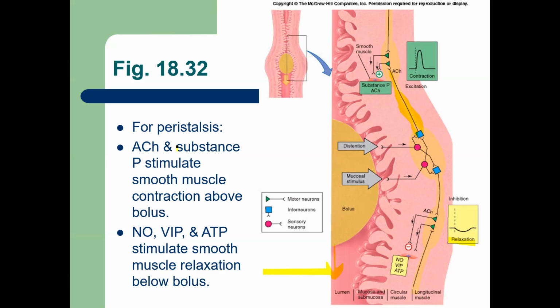Acetylcholine and substance P stimulate smooth muscle, whereas nitric oxide, vasoactive intestinal peptide, and ATP stimulate relaxation. And now the food bolus will move down. That's how come the food bolus moves in one direction only.